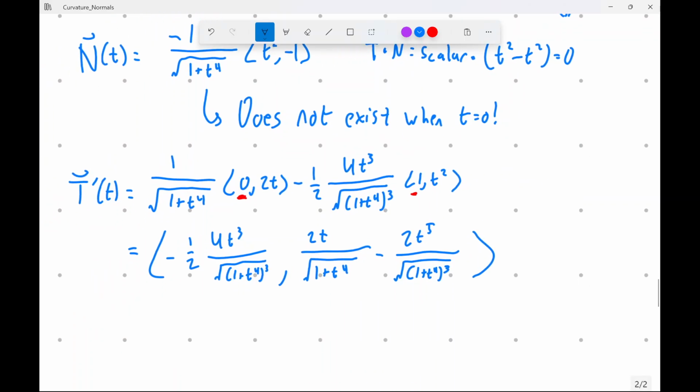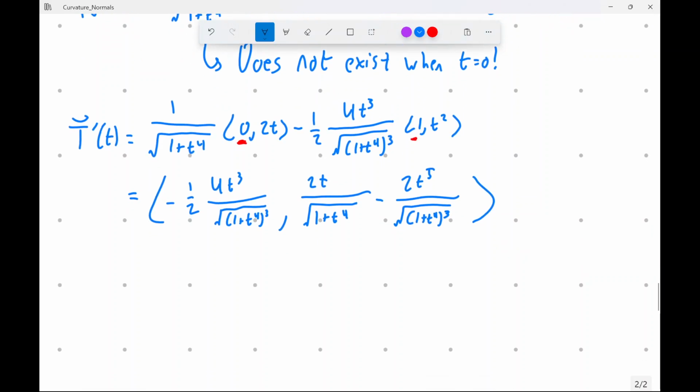Okay, I'm going to combine these two and get a common denominator. So that'll be negative 2t cubed over the square root of 1 plus t to the 4th, cubed.